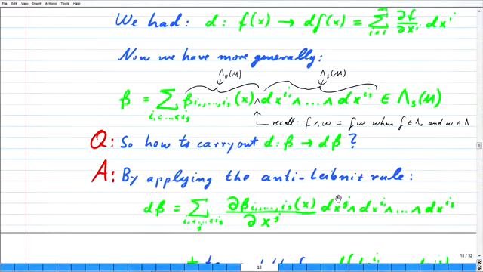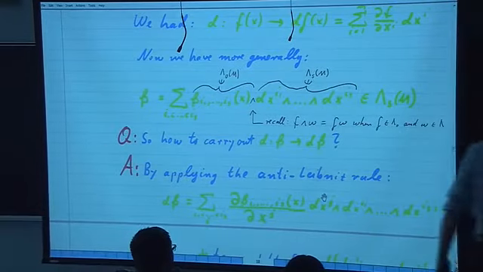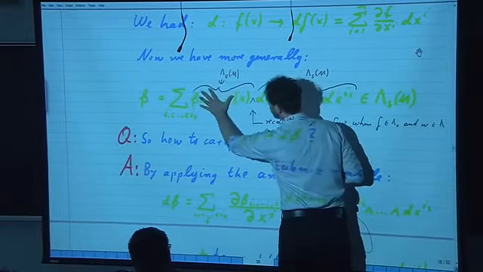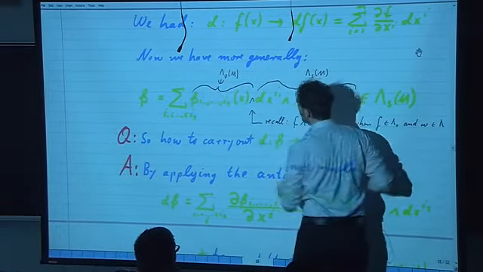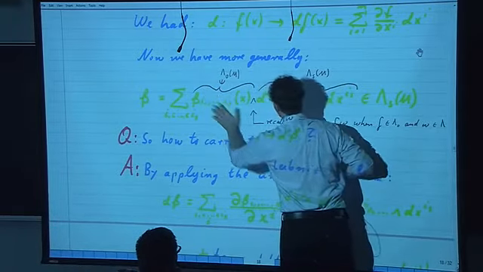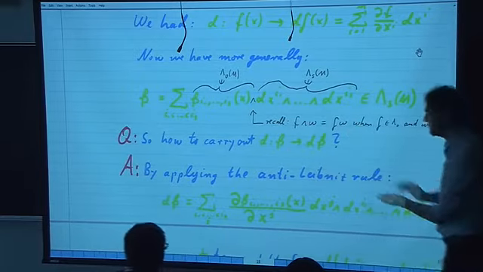Okay, so the D beta is then given by what we obtain when we apply the D onto that zero form, leaving all the rest the same, plus leaving this zero form the same, and applying the D to the rest. Leibniz rule.